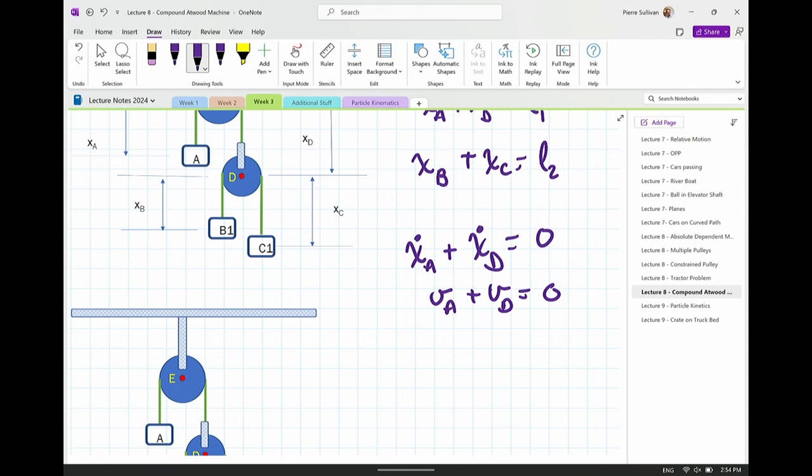Next one. So if I do that for B and C, I just have x dot B plus x dot C equal to 0, x double dot B plus x double dot C equal to 0, and all of it continues.